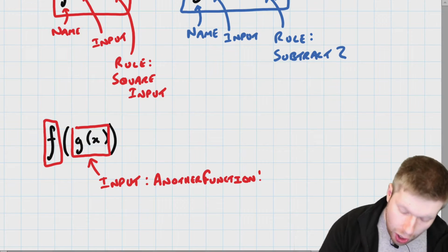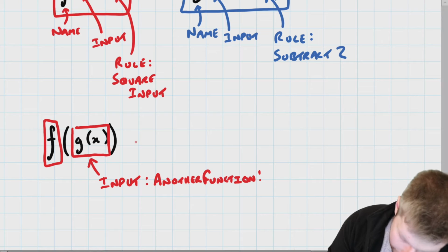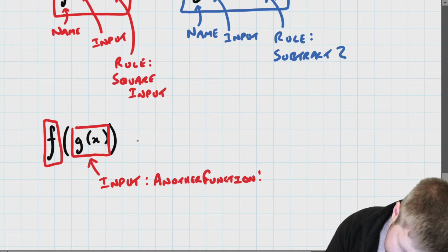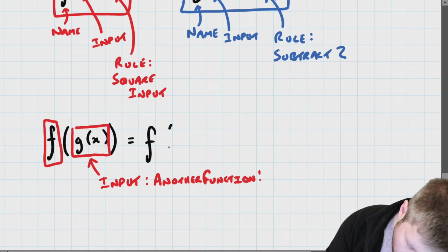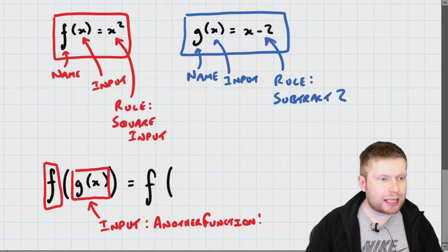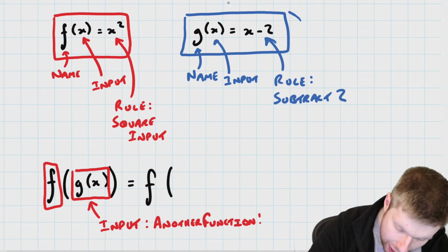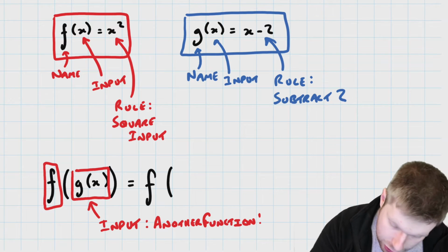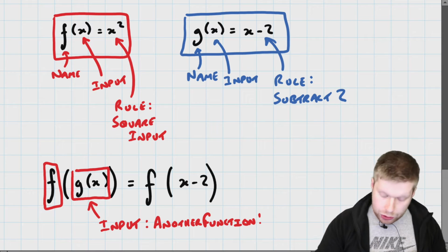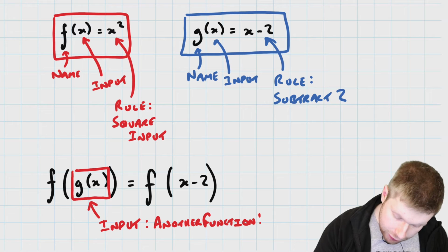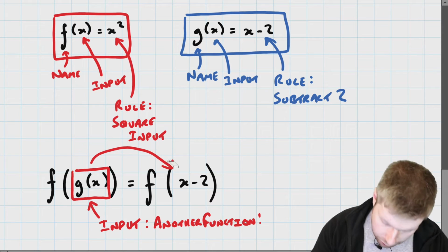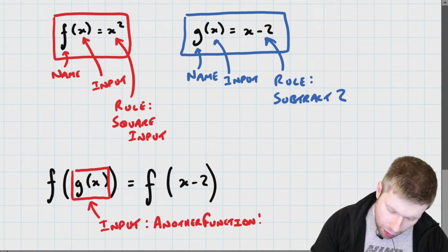So in other words, I could write this, if I like, as this is equal to f of, well, instead of writing g of x, let's actually write what g of x actually is. It's x minus 2. We've got that up there. The x minus 2 bit is up there. So in other words, this is x minus 2. Do you see that? So all I've literally done here is I've just substituted that g of x with what it actually is. It's just x minus 2. Okay?